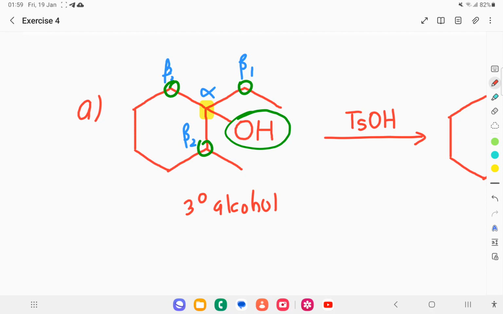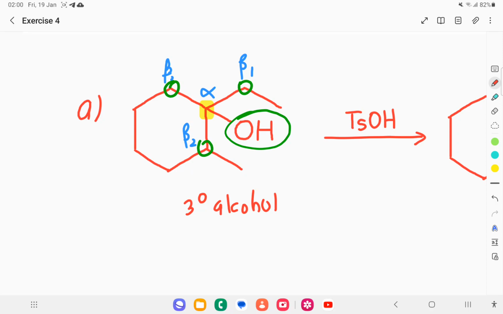So if we have three different beta carbons, we are going to have three different products, which means three different alkenes. The substitution of the alkenes is also different, whether it is monosubstituted, disubstituted, trisubstituted, or tetrasubstituted alkene.